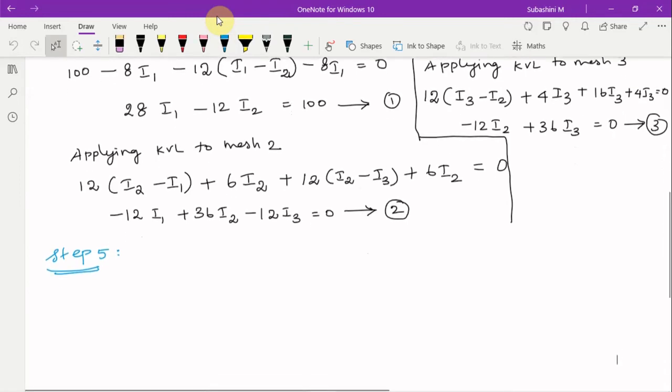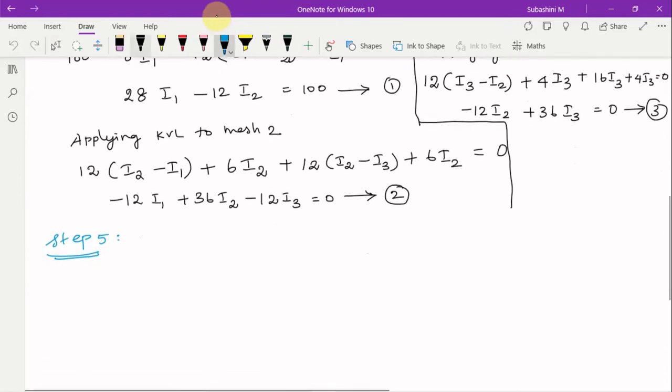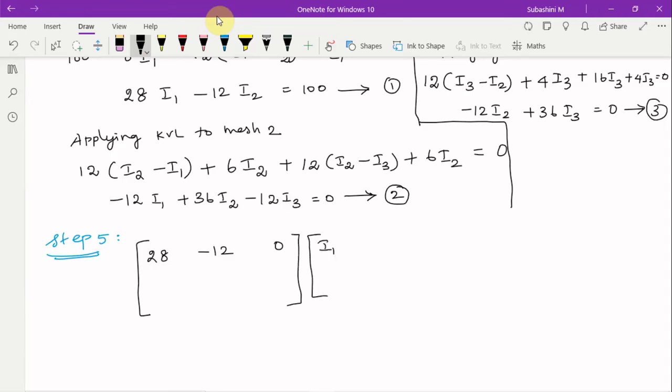So how I am going to arrange this is, considering the first equation, 28, minus 12, I3 is not there, therefore 0, times I1, I2, I3, is equal to 100.